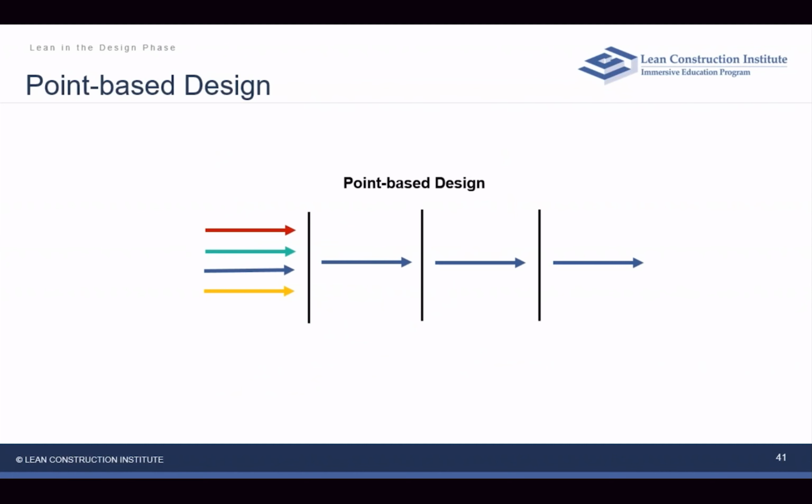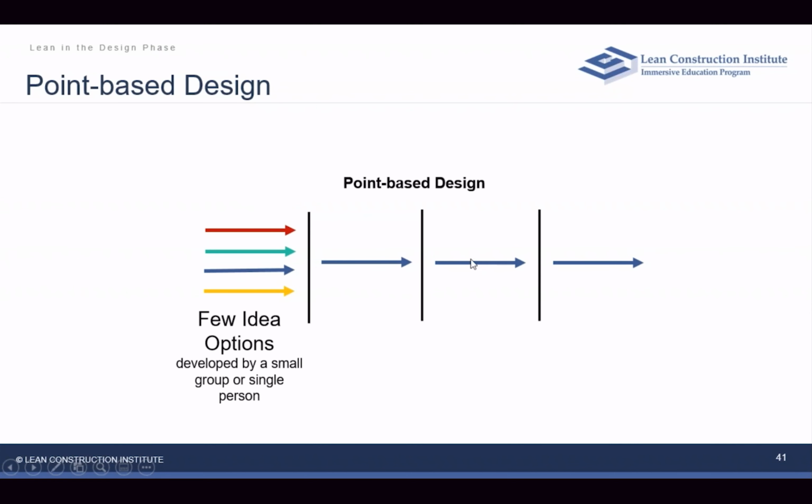And I know this is titled point-based design, but this is more of the traditional way that we might think about this. So in point-based design, we have a bunch of options that we start out with in the beginning, and we traditionally will make a decision, and then we will pass that decision on.